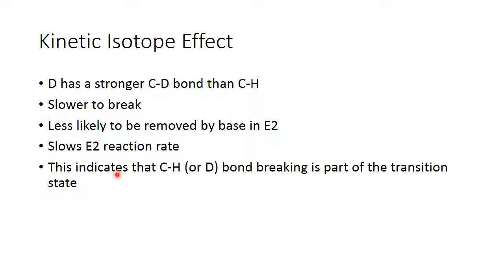When we look at this, it tells us that the carbon-hydrogen bond is being broken in the transition state. So the slower E2 reaction rate is evidence that the carbon-hydrogen or the carbon-deuterium bond is being broken in the transition state.